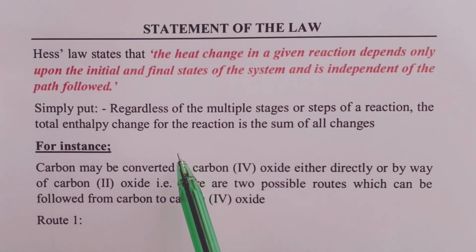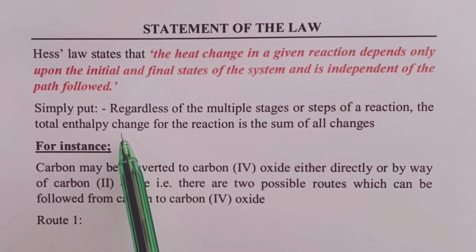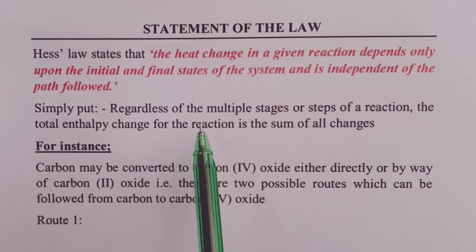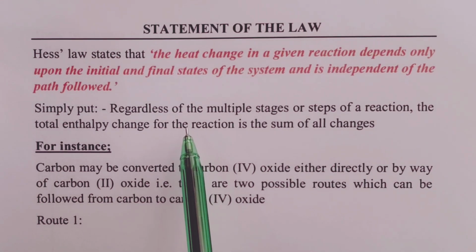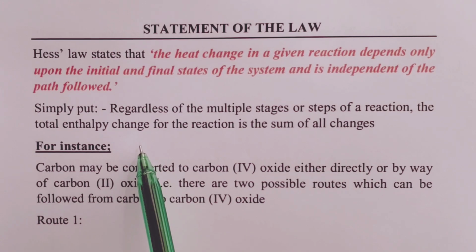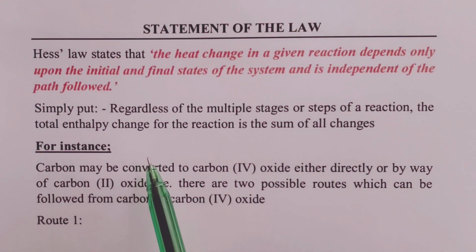Close quotes. Simply put, regardless of the multiple stages or steps that a reaction may have, the total enthalpy change for that reaction is the sum of all the changes.